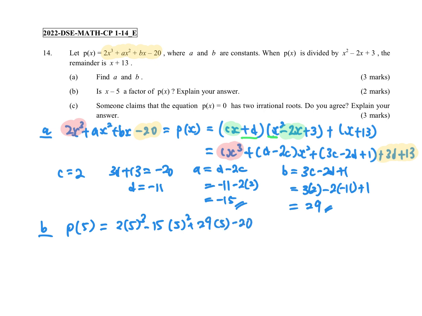Using the calculator, it is 0. So x minus 5 is a factor. Okay, that's parts A and B.